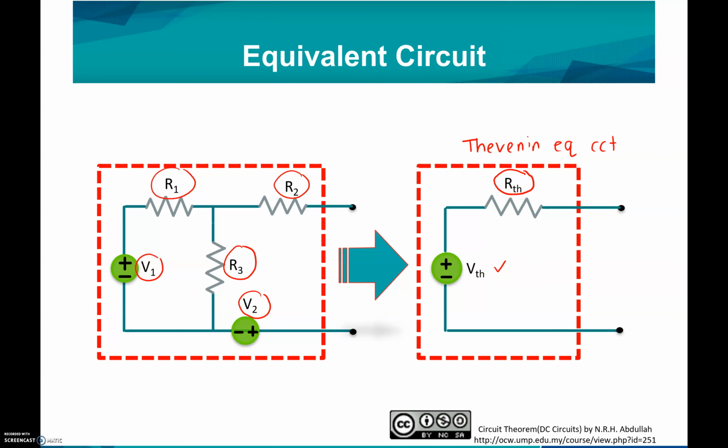Then we assume that this is a black box, and you will connect the load at the ends of the terminal. Usually we choose AB and then connect with the R load as shown in this circuit.